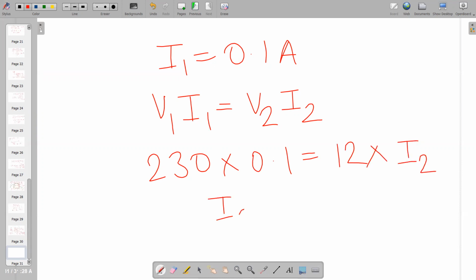So I2 becomes equal to 23 by 12, which is nothing but 1.9 ampere. It is basically 23 by 12 amperes.